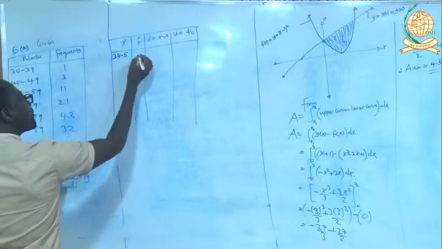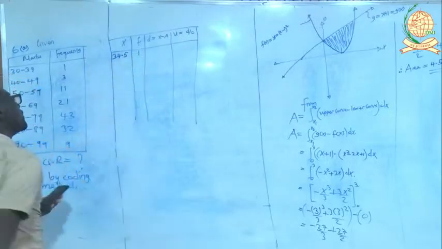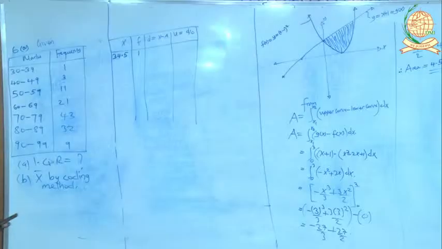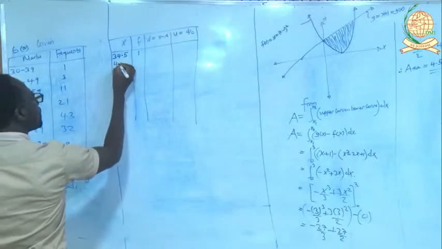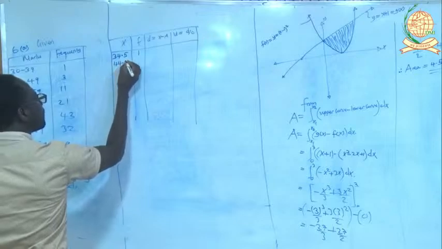And the frequency is 1. Do the same: 40 plus 49, then you divide by 2, you will get 44.5.